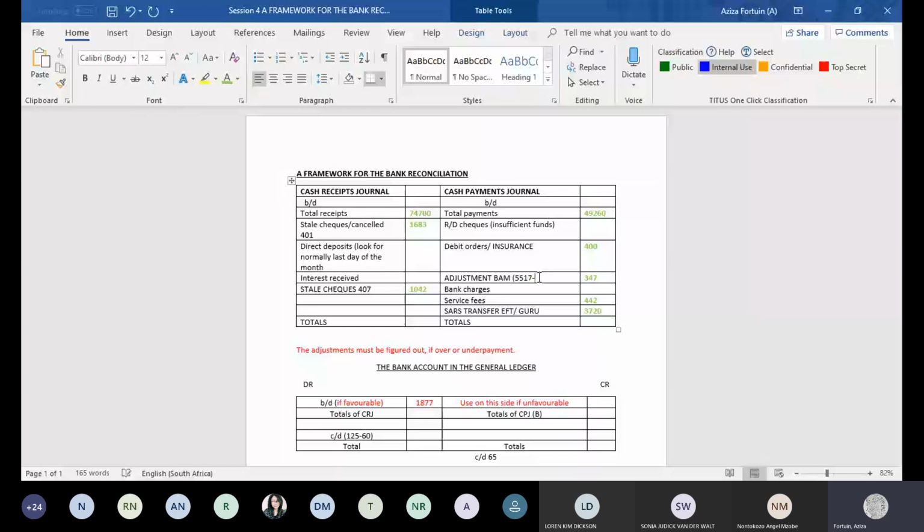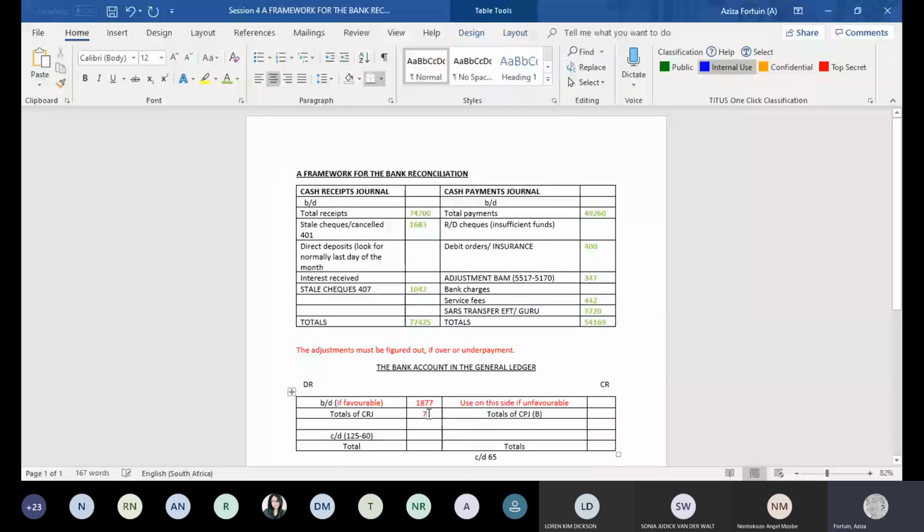I add up the 74,700, the 1683, and the 1044, and I'm supposed to get 77,425. If I add up the 49,264, 400, the 347, the 442, and the 3720, I should get 54,169. I take these amounts and I can put them in my adjusted bank account. So I take the 77,425 and the 54,169.